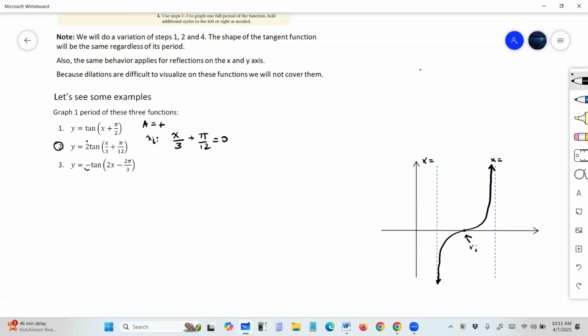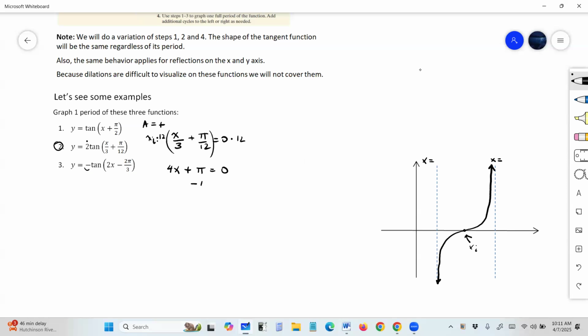Okay, so I'm going to multiply both sides by 12 to get rid of the denominator. So I have 12x over 3, 4x, plus 12 pi over 12, pi, equals 12 times 0.